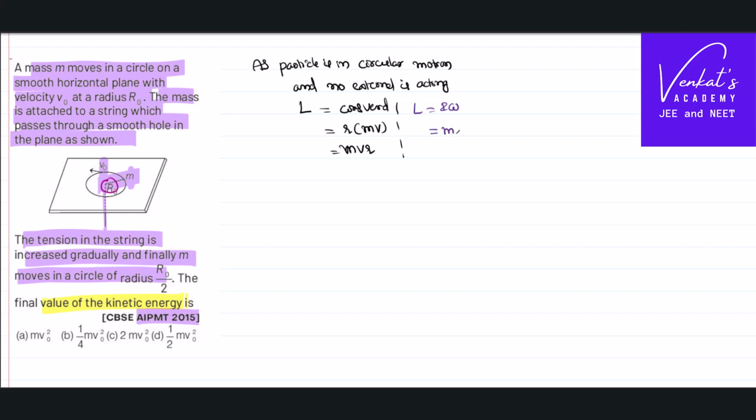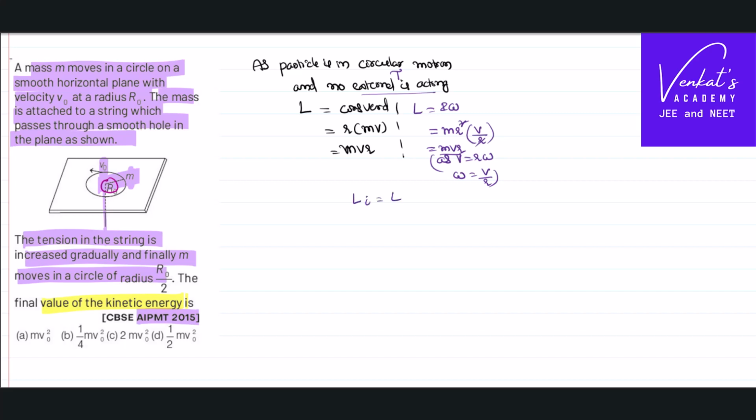In the place of I, I can write mr square. As v equals r omega, omega can be written as v by r. So in the place of omega, I can write v by r. One r can be cancelled, and I still get angular momentum equal to mvr. So the formula for angular momentum is mvr, and as there is no external torque acting, angular momentum L is conserved.